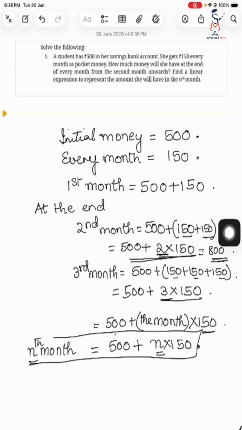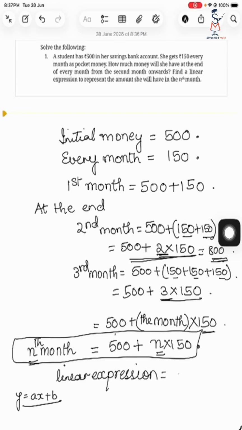This pattern, what we got, is a linear expression, which we are required to find in this sum. So what is a linear expression? A linear expression is any algebraic expression which has a variable in it, and the variable has a maximum power of 1. So that is your linear expression, which can be of the form ax plus b.